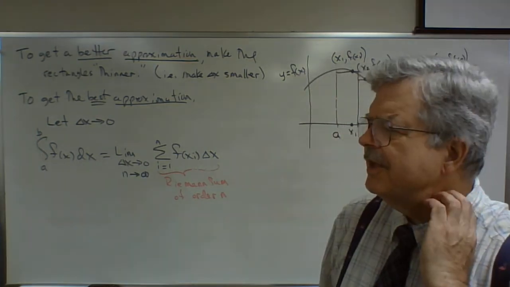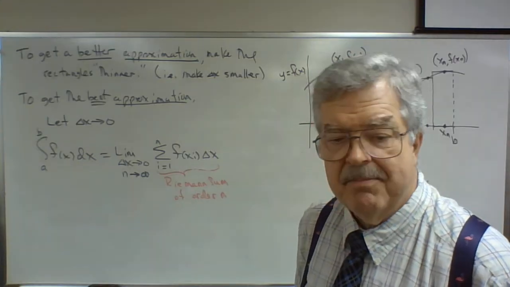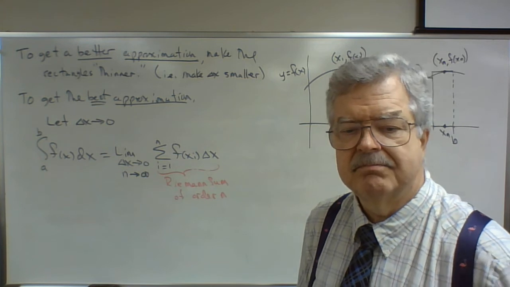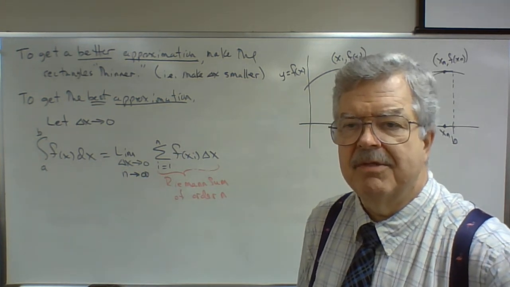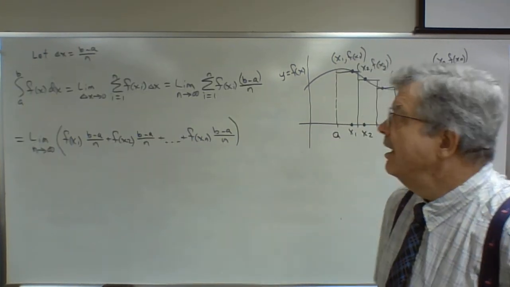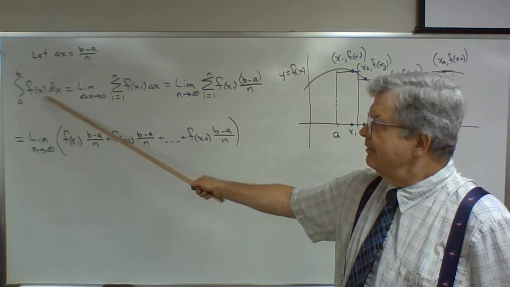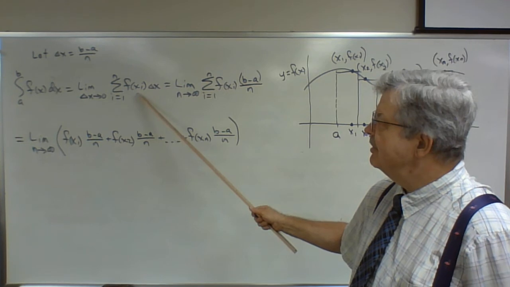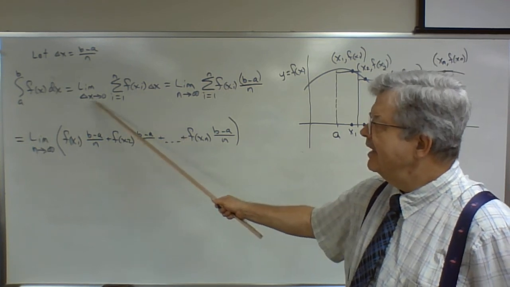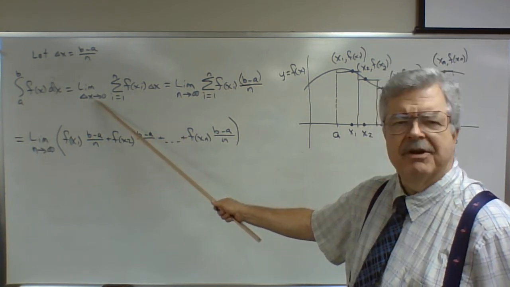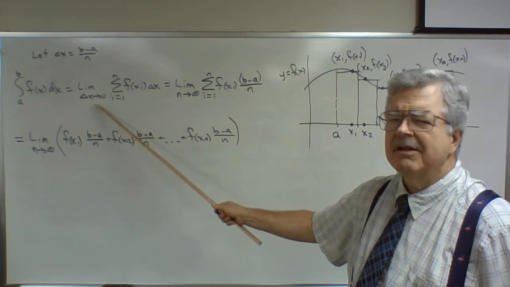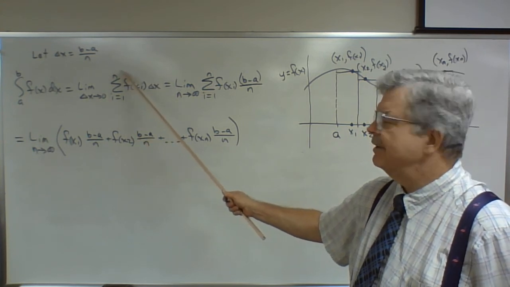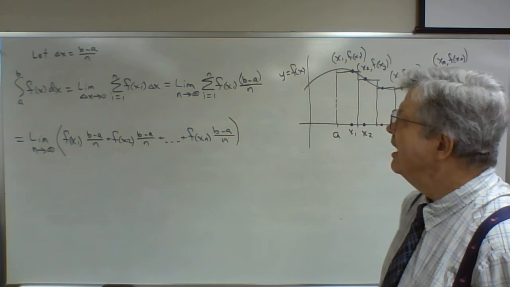Now, there are a few things that we can do to sort of nip this in the bud. Let's look at some of them. Our definite integral, we're going to approximate by computing a Riemann sum of order n, and then letting delta x go to 0. And as delta x goes to 0, n is going to go to infinity.